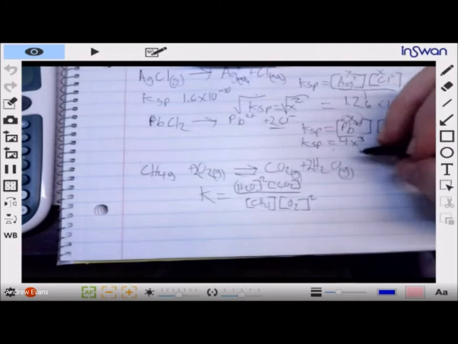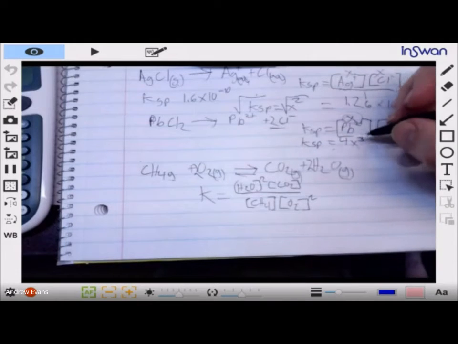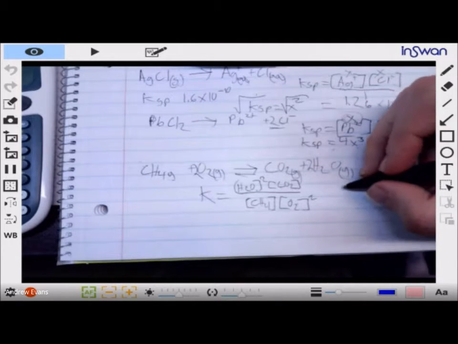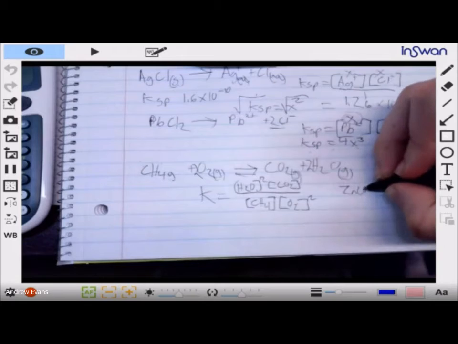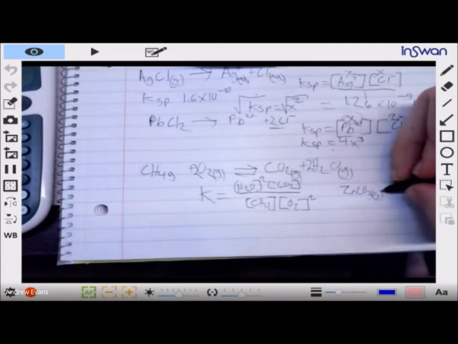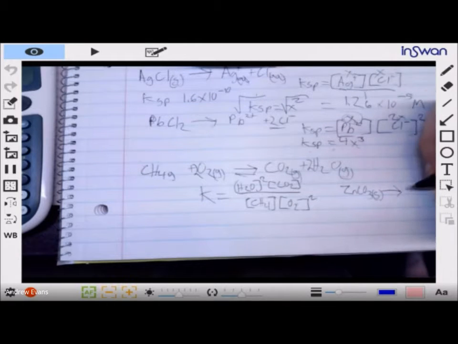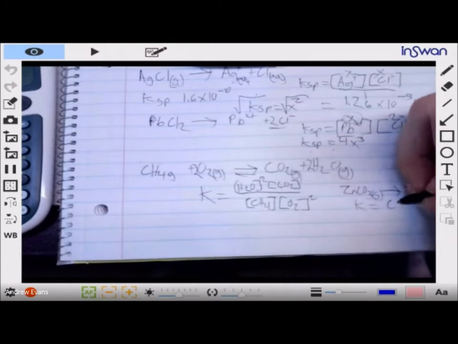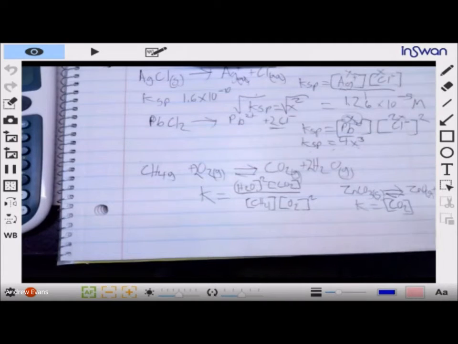But one thing to note, when we write a K expression, we don't include solids or liquids. So if I say zinc carbonate goes to zinc oxide and CO2, our K expression would just be CO2 over 1.